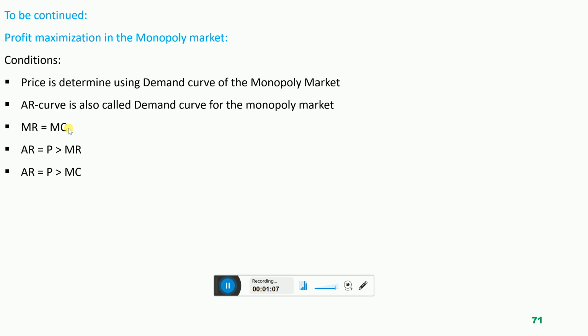Third, this is the maximum output level condition as well as the profit maximization condition: the point at which marginal revenue of the company is equal to the marginal cost of the company. When the output reaches the point where marginal revenue equals marginal cost, this is the maximum output level and profit maximization level. What does this mean?